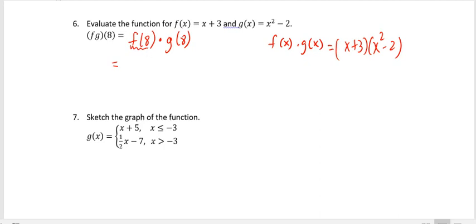F of 8 means that wherever I see an x, I'm going to plug in an 8 for that function. So here I would get 8 plus 3, and that's for my f of 8.